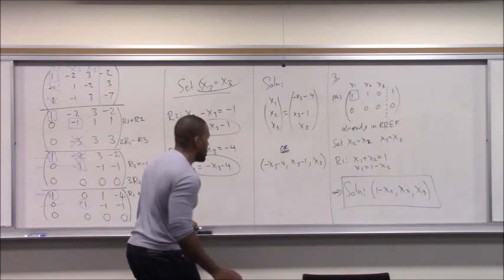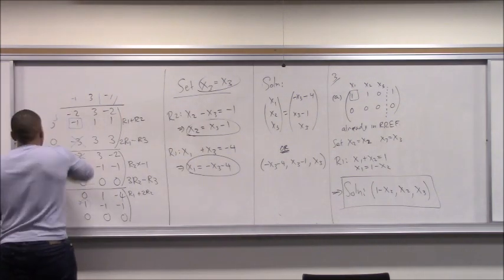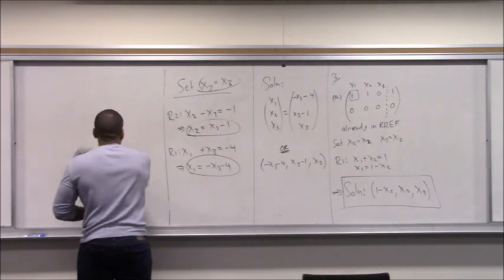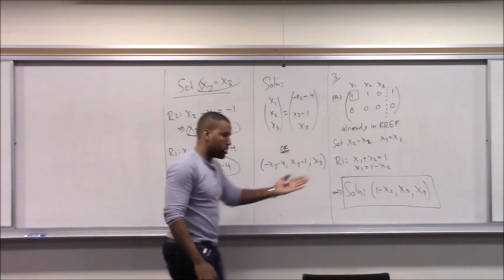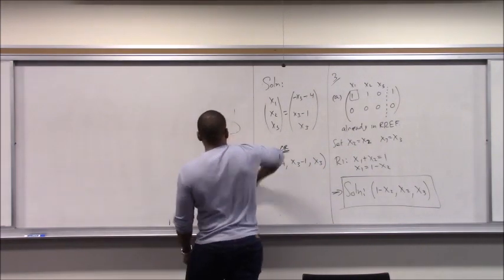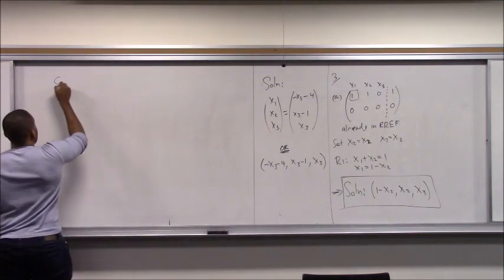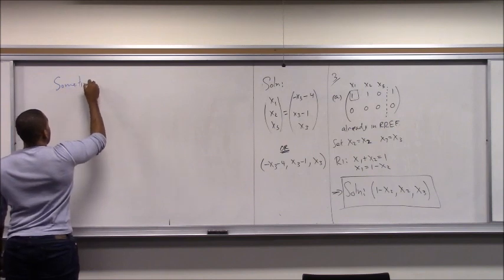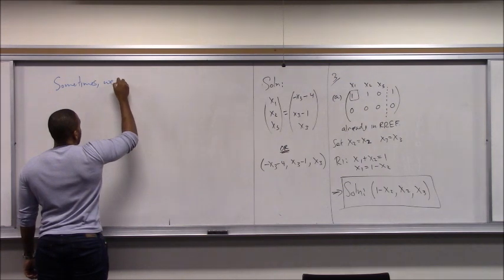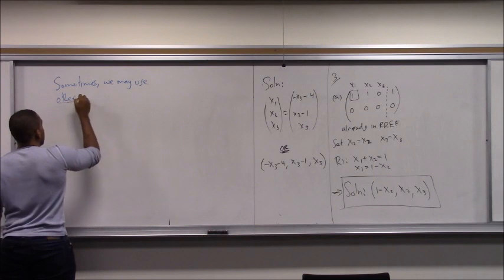One thing I want to mention: they rarely do this, but I've seen it done before. Sometimes, for whatever reason, they might call these variables something else. Sometimes you may use other variables as parameters.